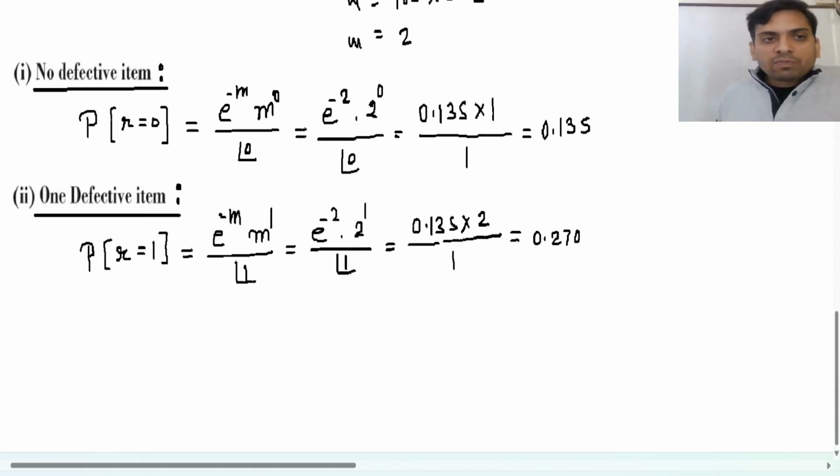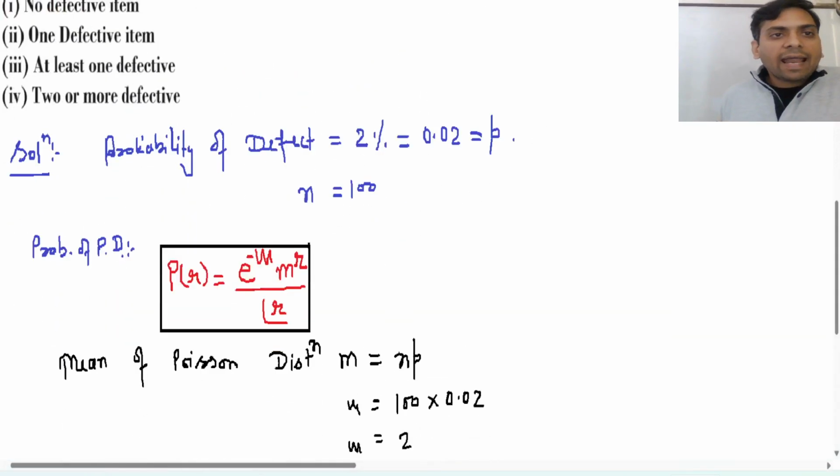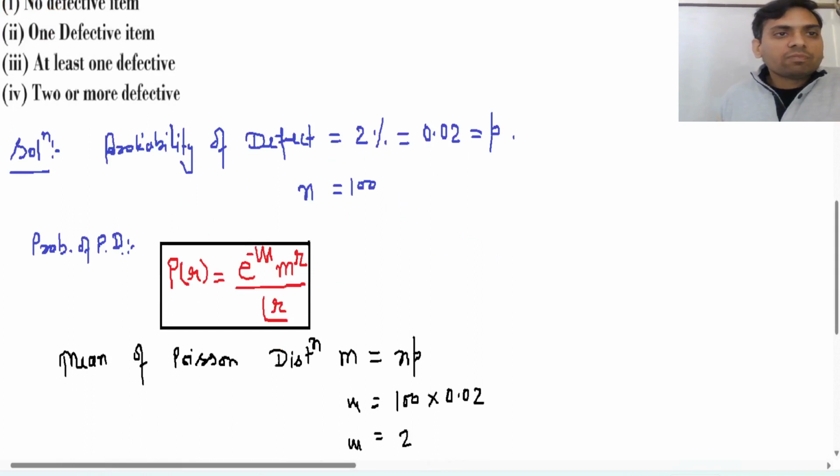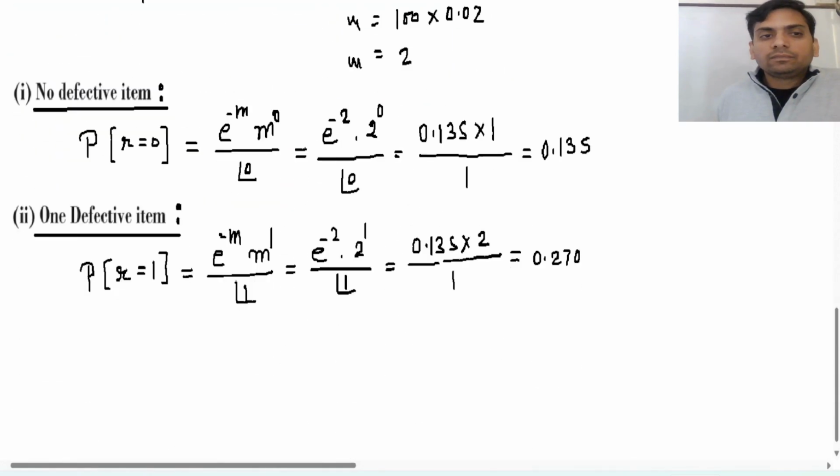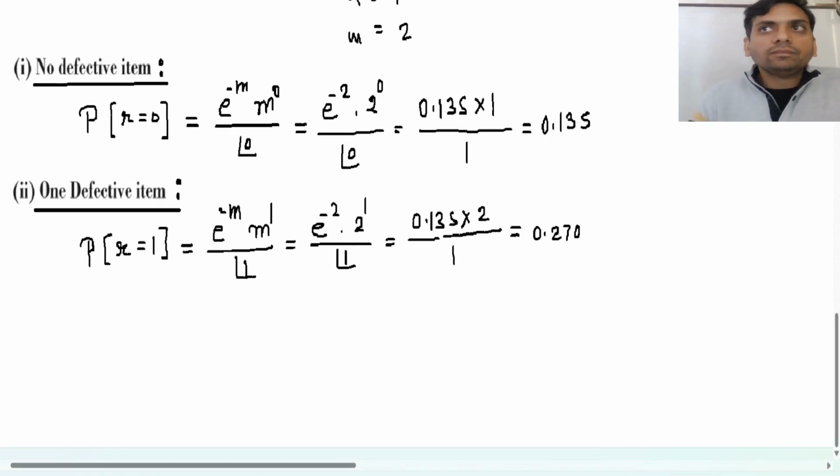Okay, now we will see the next part. The next part is at least one defect. This is the important part. Listen, no defective means all fresh.